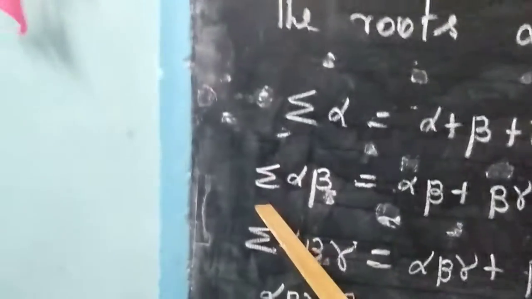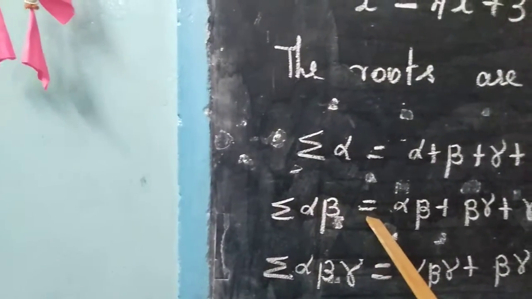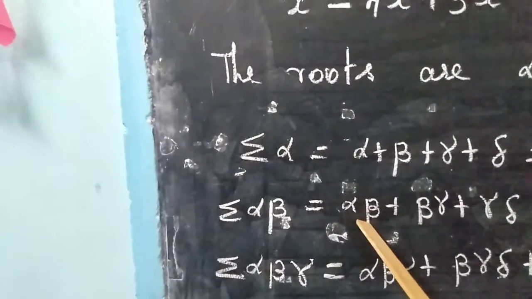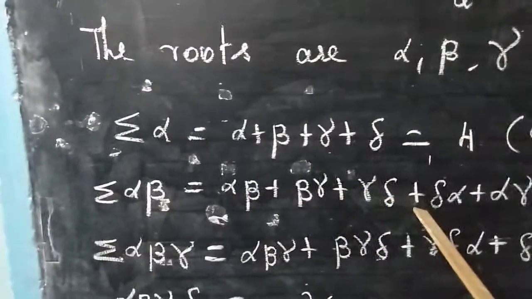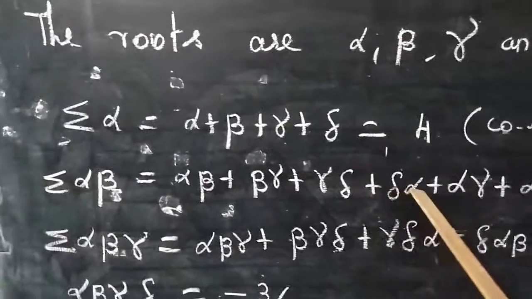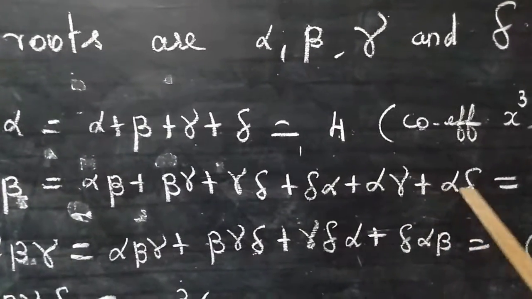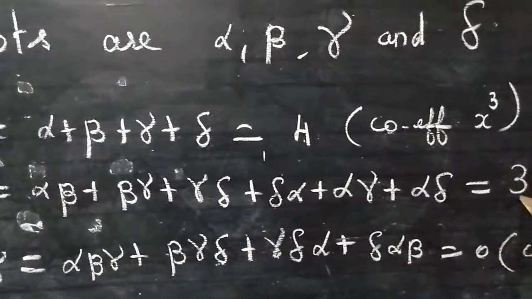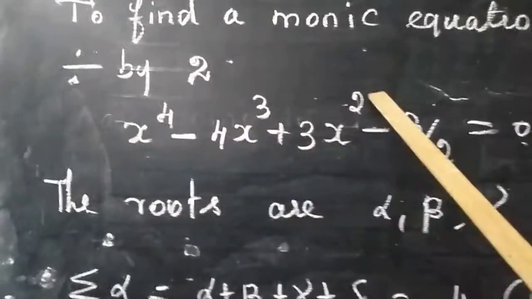Next we are trying to find out the summation alpha beta, which is alpha beta plus beta gamma plus gamma delta plus delta alpha plus alpha gamma plus alpha delta, is equal to 3. This is the coefficient of x square. This coefficient of x square is 3.